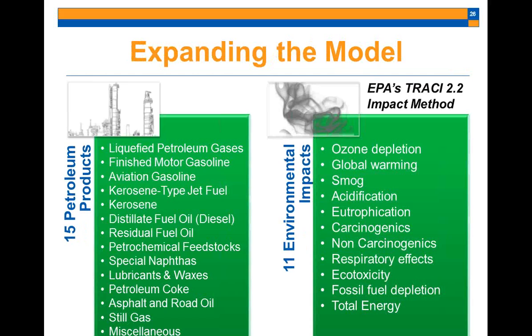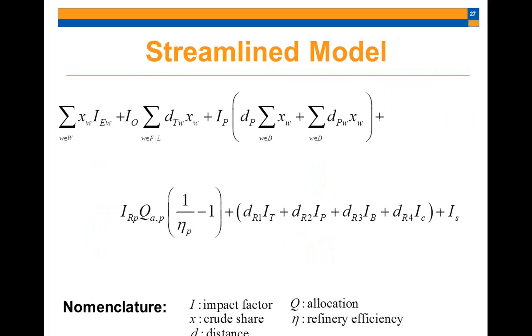So we've developed a streamlined method where there's an equation that you can plug parameters into and be able to find the impacts for any of those 11 environmental impacts for any of the 15 petroleum products. Basically this follows the same procedure as we just went through with the model.